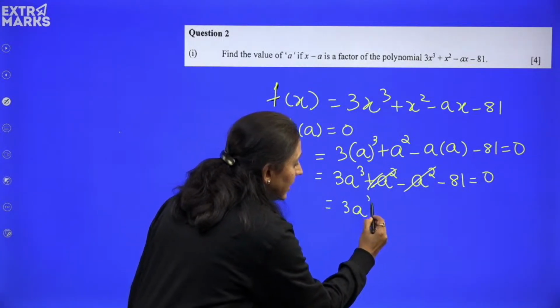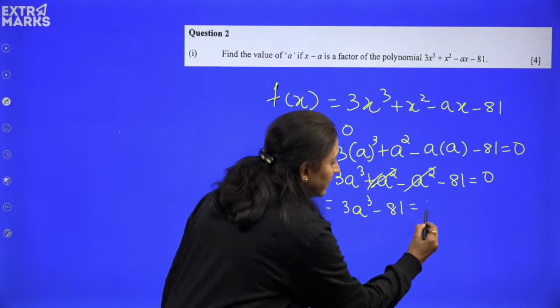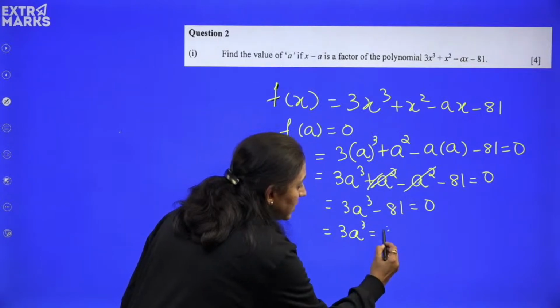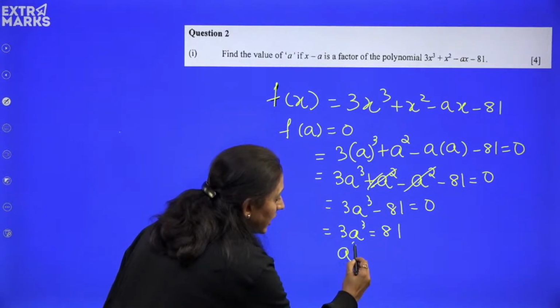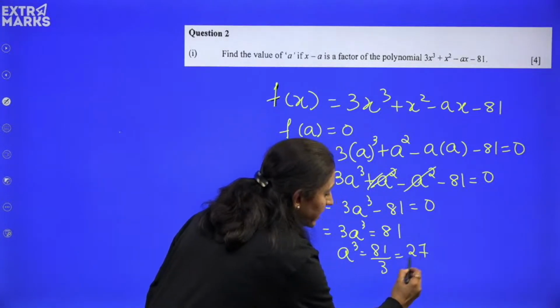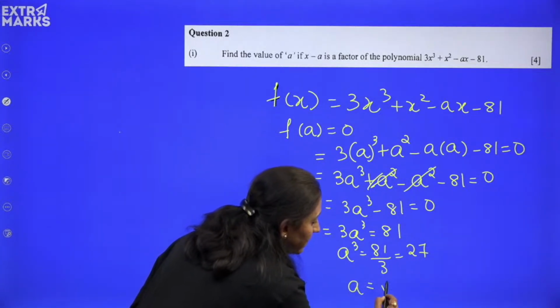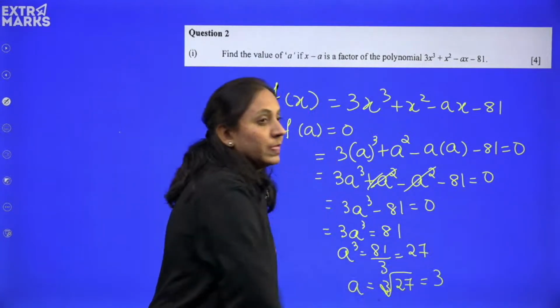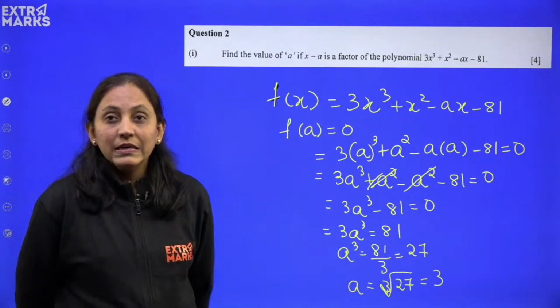We have 3a cube minus 81 to be 0, and 3a cube is equal to 81. So a cube will be 27. Therefore, the value of a is cube root of 27, which is equal to 3.